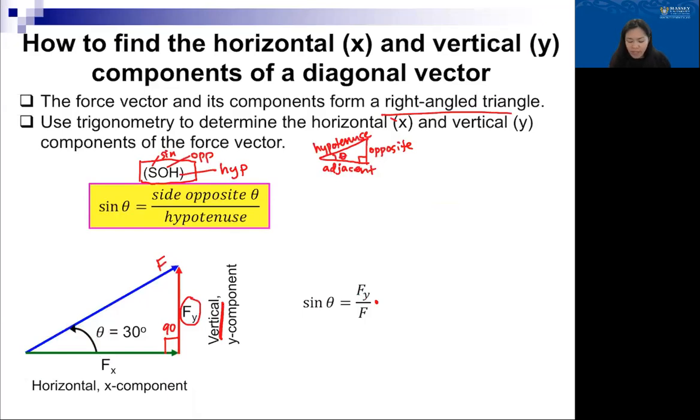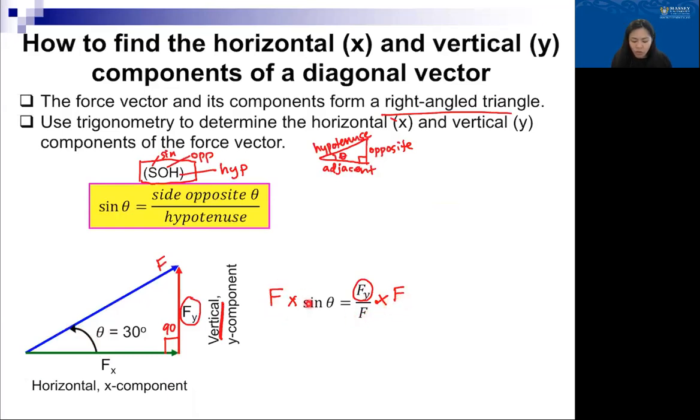So if you rearrange this equation to isolate Fy up here, I want to get rid of F. So I multiply both sides by F. I have to do on both sides whatever I did on one side. So if I multiply the right side by F, I have F divided by F, that's equal to 1.